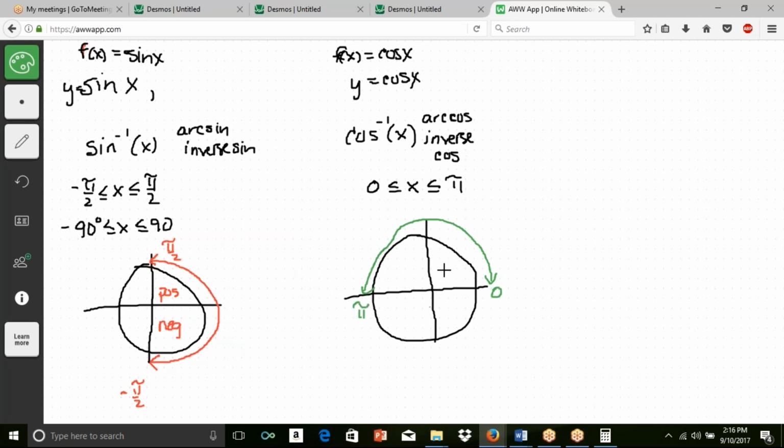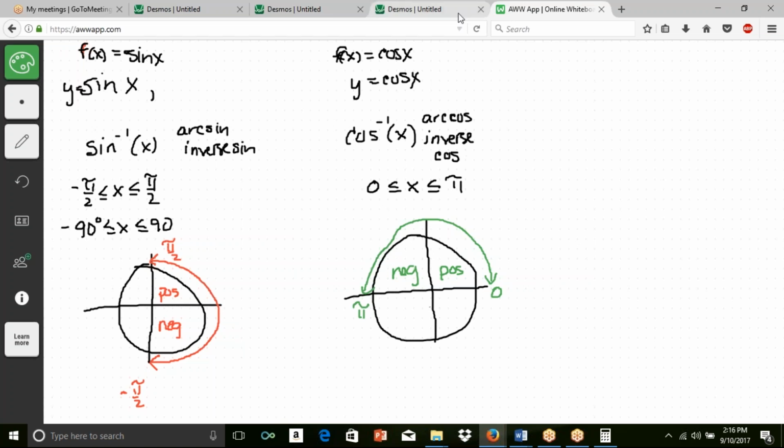And if you remember, cosine is positive in the first quadrant, but it's negative in the second quadrant. So when I throw it in my calculator, if I have a negative value, it's going to give me an angle in this quadrant. And if I have a positive value, it's going to give me an angle in this first quadrant, right? So that's how cosine works.